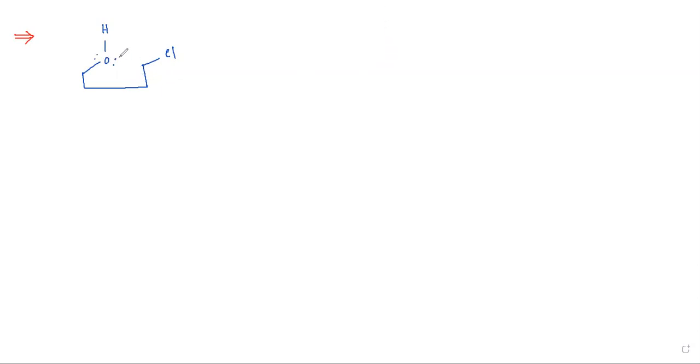The lone pair on oxygen. Chloride is lost in a slow step. Then we get O. Yes, it still has a pair of electrons, then a hydrogen, a positive charge on oxygen, right?